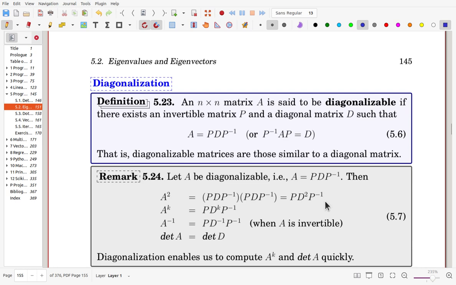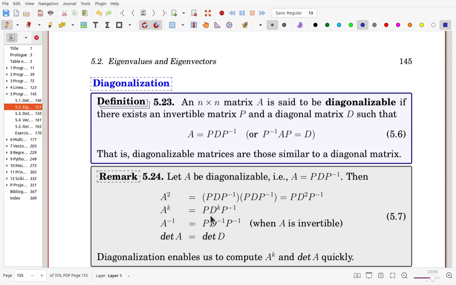Using the same idea, the general k power of A can be obtained in this way: P D to the k, P inverse. Once the given matrix is diagonalized, the power of A can be obtained by powering the diagonal matrix, which is very simple.